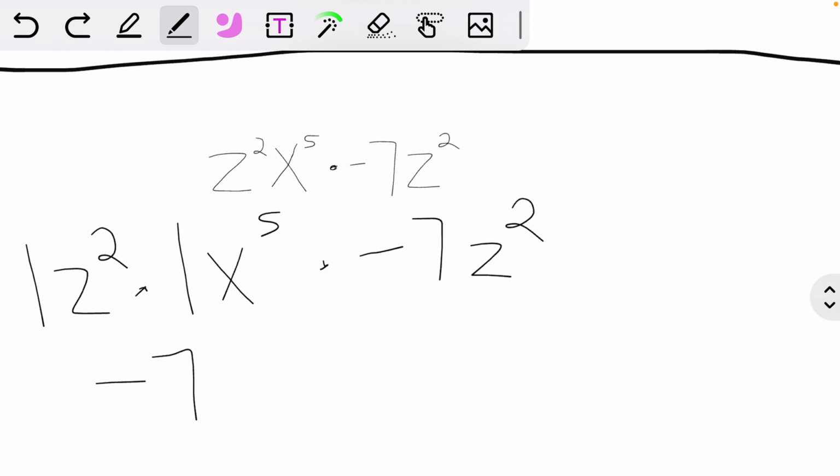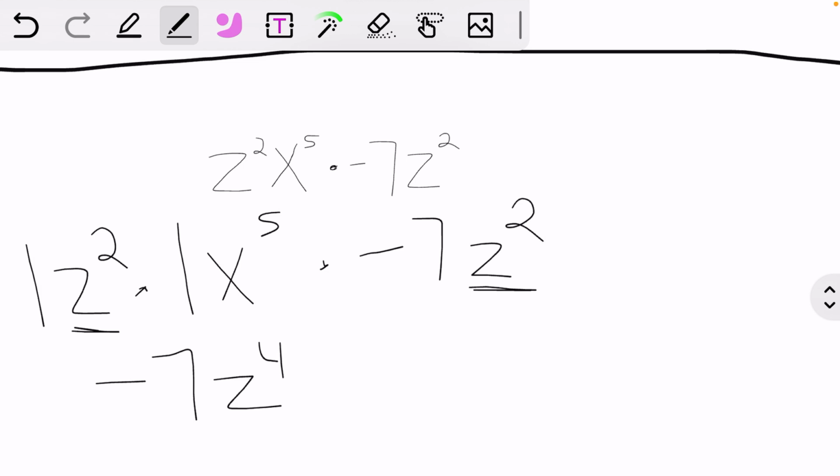We got z squared right here times z squared. And again, when you're multiplying variables, you keep the variable and you add the exponents associated with the variable. So we got 2 plus 2, which is going to be 4, of course.